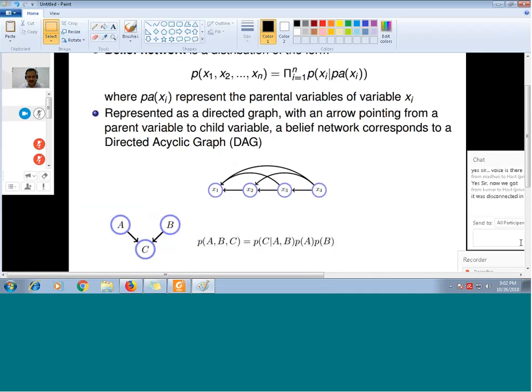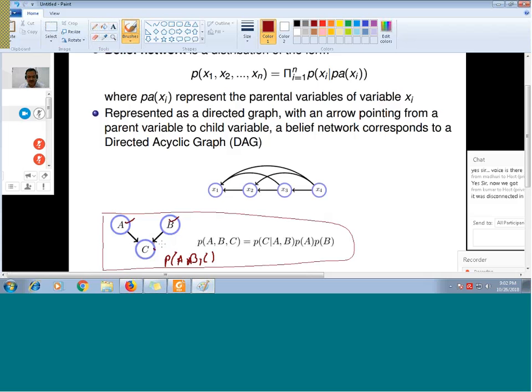Okay, all right. Here you see this: if I want to find out the probability of A, B, C, where A, B and C are here, it is the multiplication of the probability of A, into the probability of B, into the probability of C given A and B. For every item you write it given its parents. For A, you need not write anything because no one is its parent.